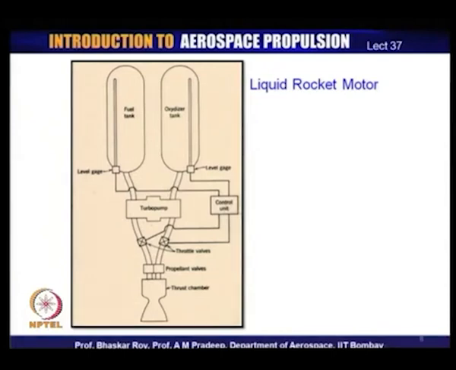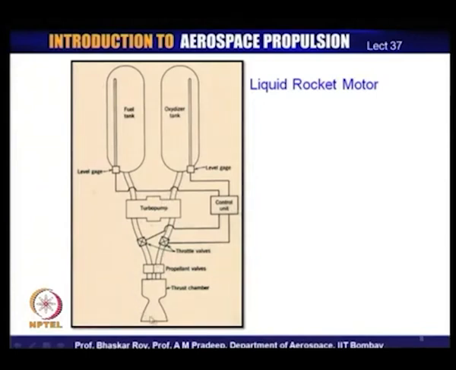The fuel and the oxidizer are pumped from these tanks with the help of pumps, which are run by some turbines, and hence they are called turbo pumps. They flow from these tanks through these pipings. The pumps pump them out of the tank and then supply them towards the rocket engine.